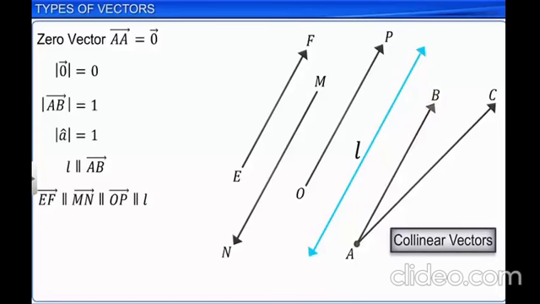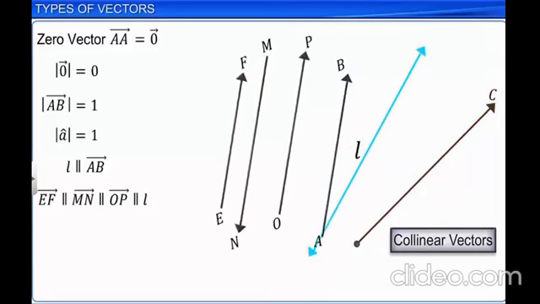Here vectors AB, OP, MN and EF are parallel to the same line L. Hence, they are collinear vectors. Since vector AC is not parallel to line L, it is not collinear to the other vectors shown here.